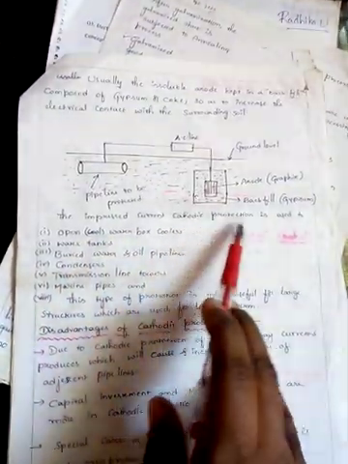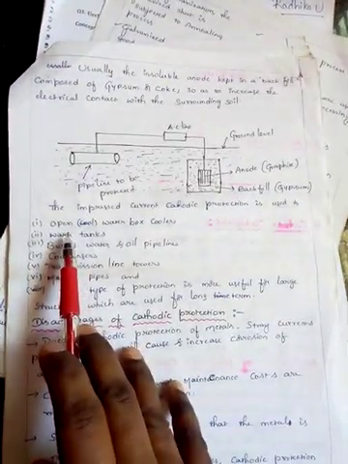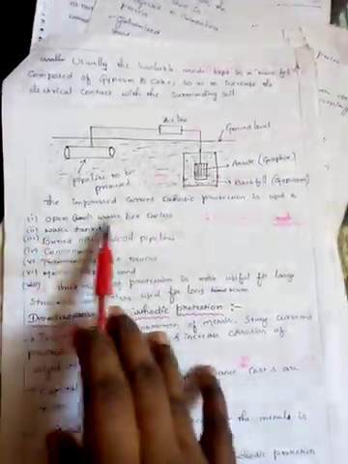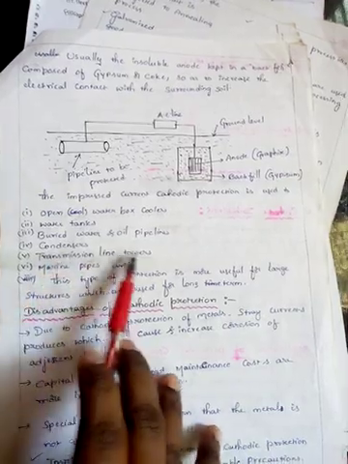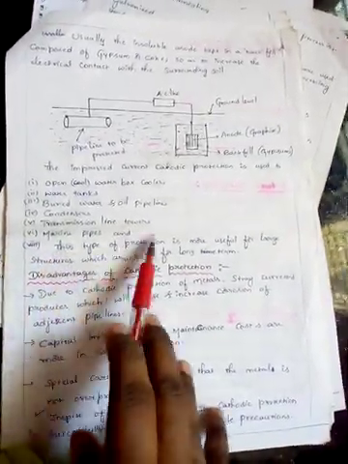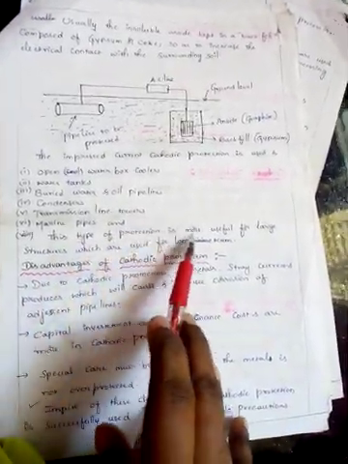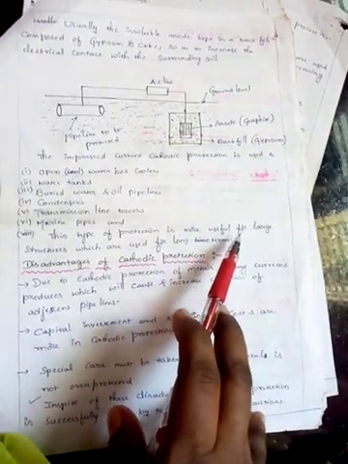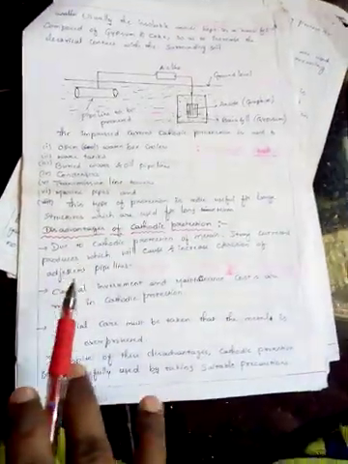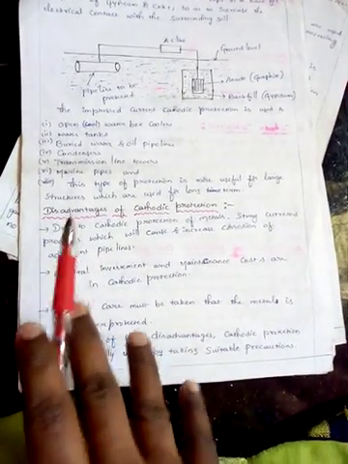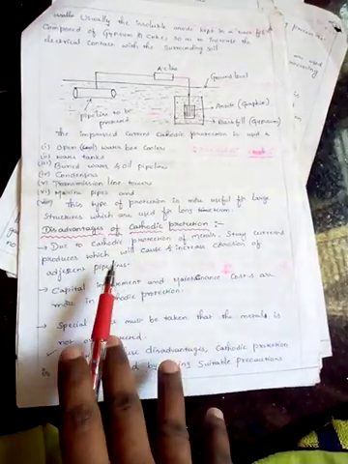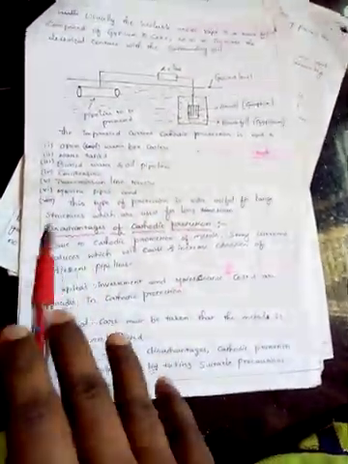Impressed current cathodic protection is applied to open water box coolers, water tanks, buried water pipelines, condensers, transmission lines, line towers, marine pipes, etc. This type of protection is more useful for large structures which are used for a long time. That means long-term buried pipelines, buried power lines, buried power boxes or transmission lines can be saved by this kind of impressed current technique.